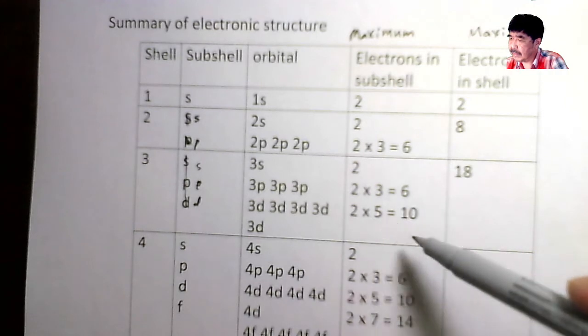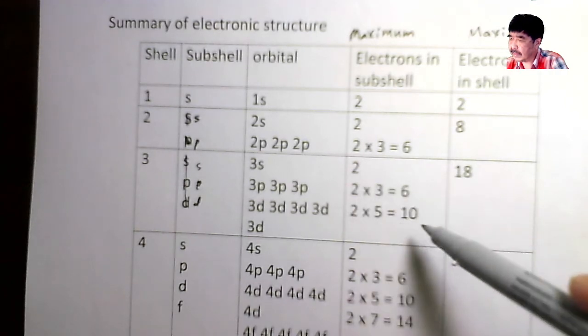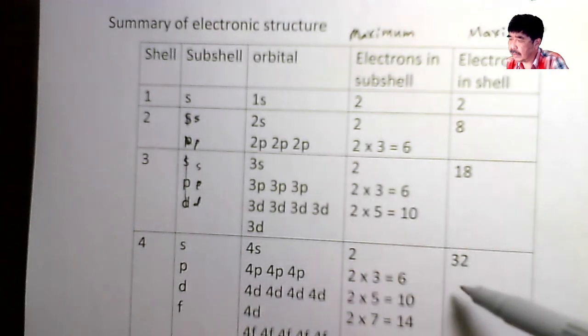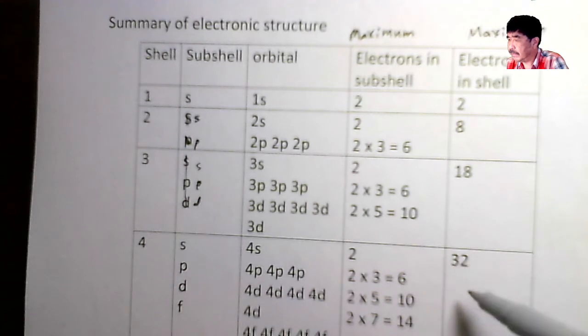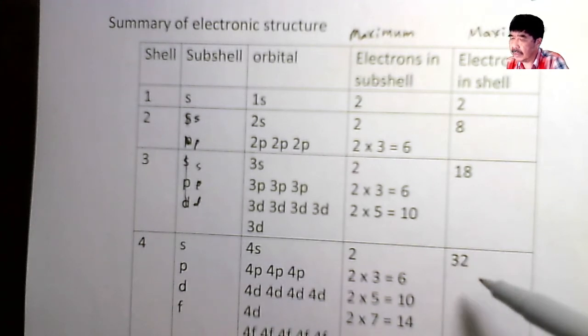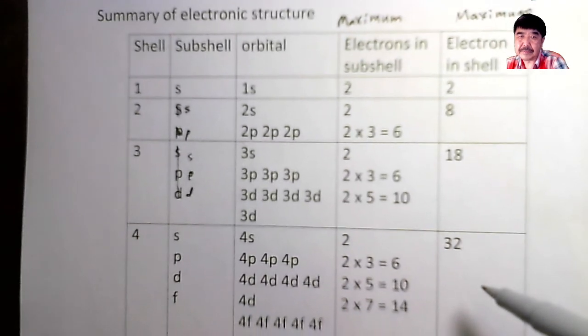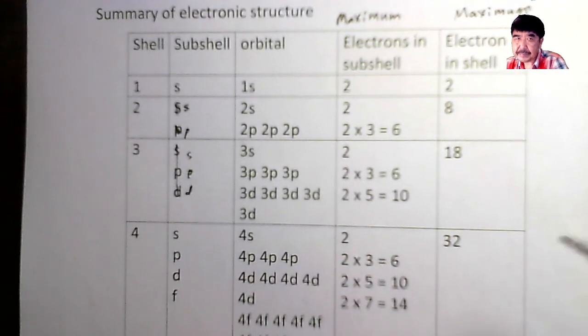The third shell has 18: 2 plus 6 plus 10. And the fourth shell has 2 plus 6 plus 10 plus 14, so the maximum for the fourth shell is 32 electrons. All right, that's the electronic structure of an atom.